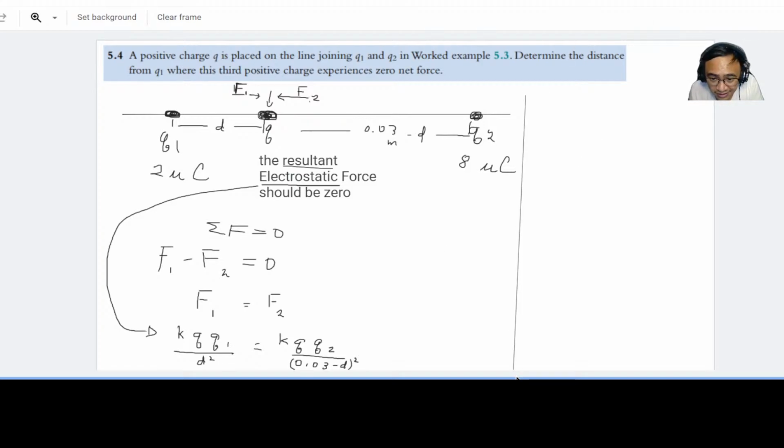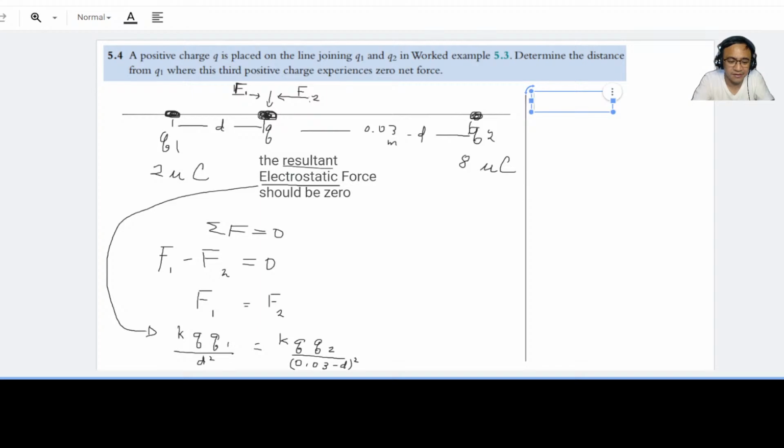What's the formula for the electric field strength? E equals F over Q, right?